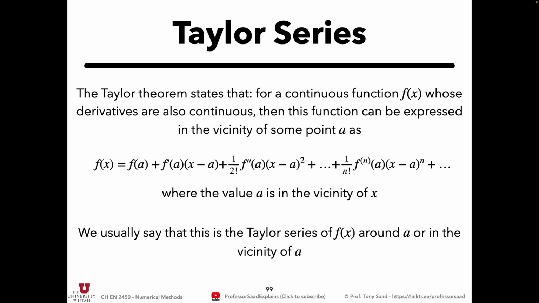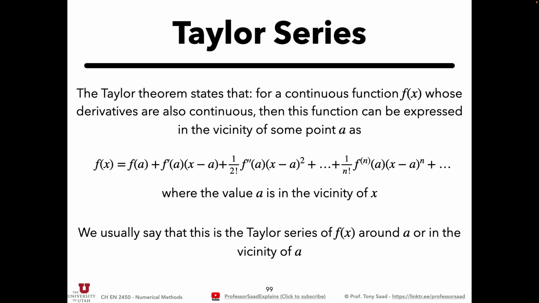So think of it this way. If you know the value of some quantity at point A, you know its derivative, first derivative, second, third. If you know everything about that function, you don't know what the function is, but you know its value and its derivatives at point A, you can predict the function at any neighboring point close to A.